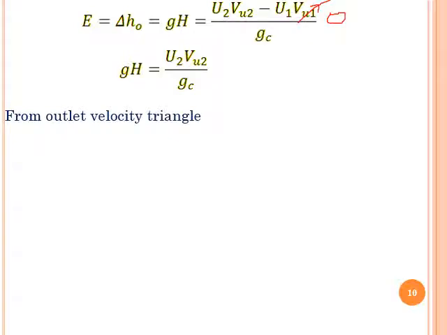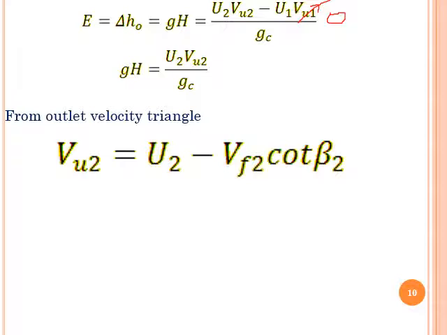From the outlet velocity triangle, the length of Vu2 is equals to U2 minus Vf2 cot beta 2.